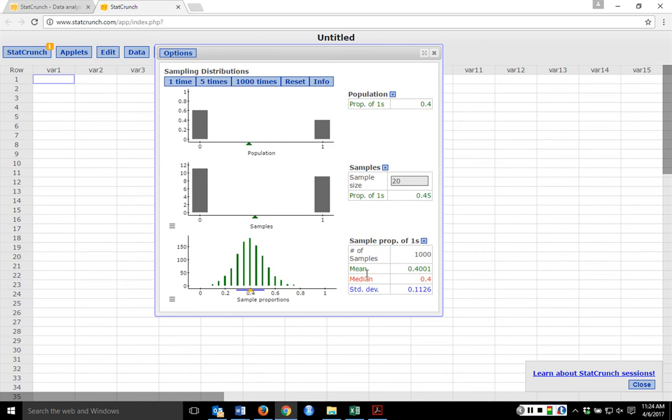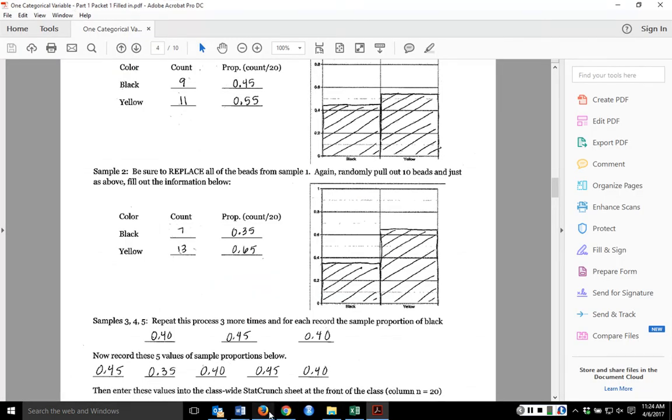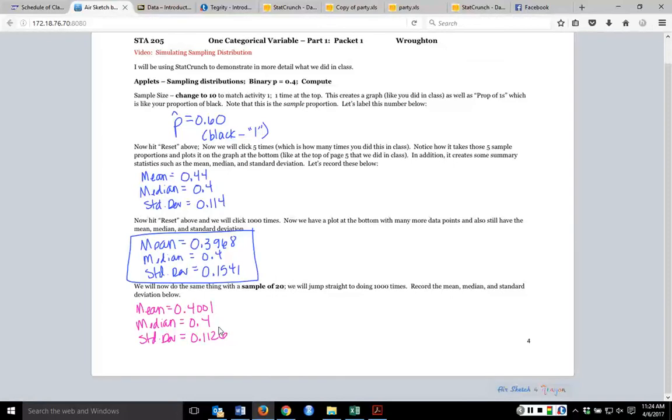But I'm also given a mean, a median, and a standard deviation. And I'm going to label those numbers. So I have those numbers labeled now.